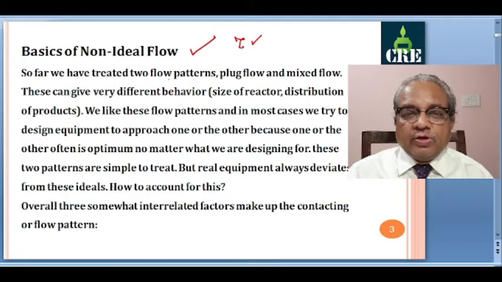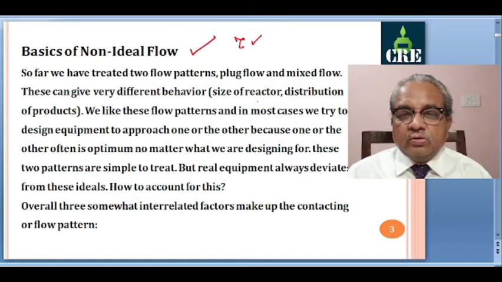So far we have treated two flow systems, plug flow and mixed flow patterns. These can give very different behavior in terms of size or distribution of the products. We like these flow patterns, and in most cases we try to design the equipment to approach one or other, because one or other often is optimum no matter what we are designing for.